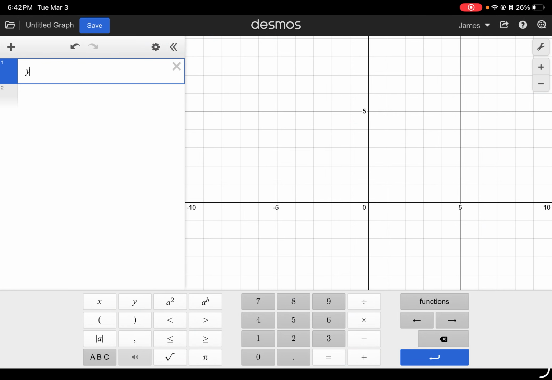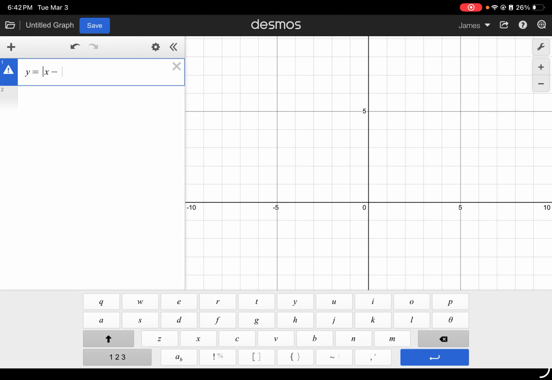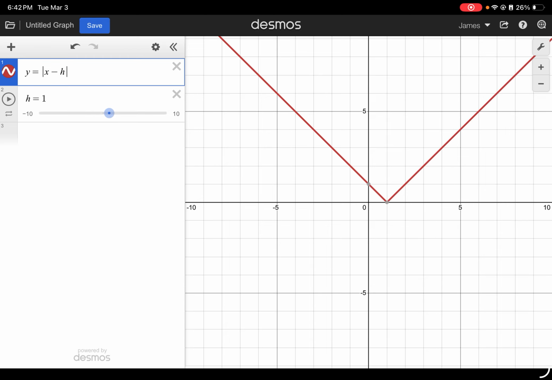We're going to graph y equals the absolute value of x, okay, minus, now I'm going to throw in the letter h. All right, add slider. Now we're going to change the value of h as we go.